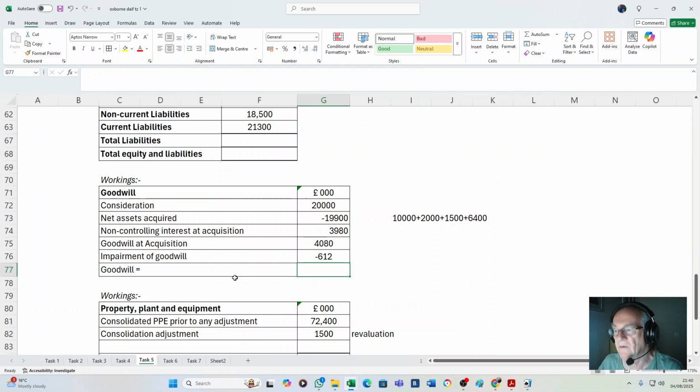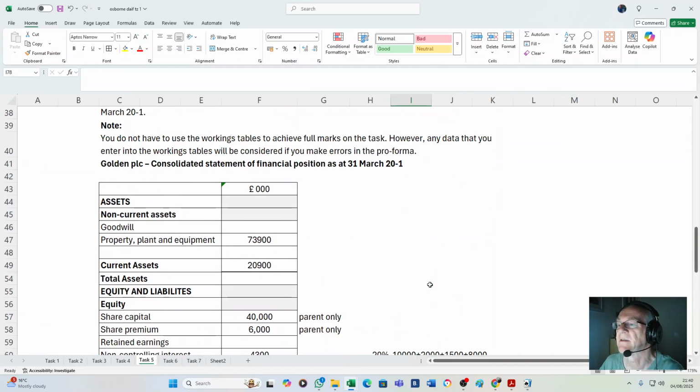So the goodwill in the accounts, in this case 3468.